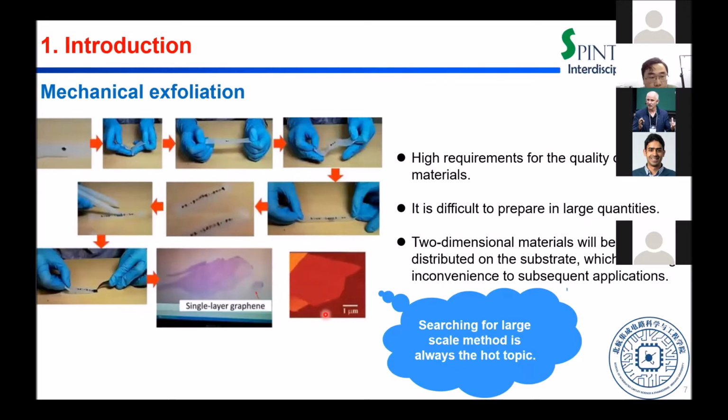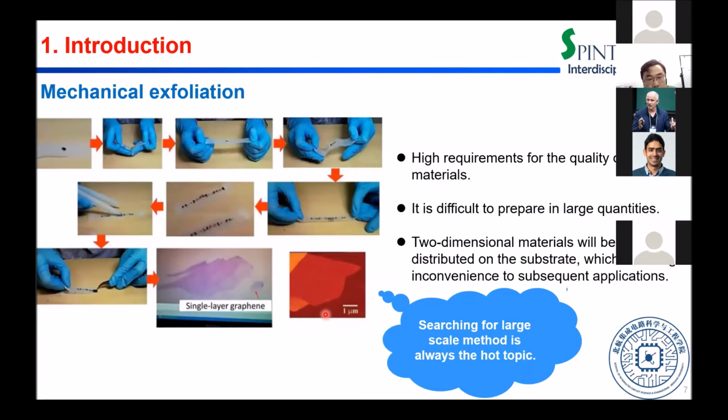All these materials are normally fabricated by the mechanical exfoliation method, like graphene, to get a monolayer of this material. It's very easy to get this material this way.